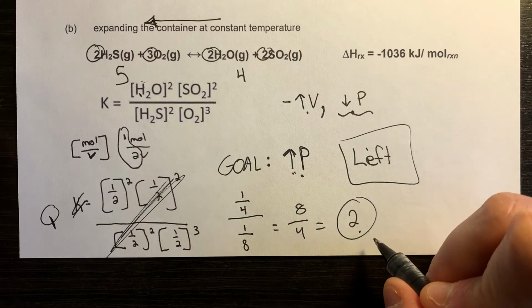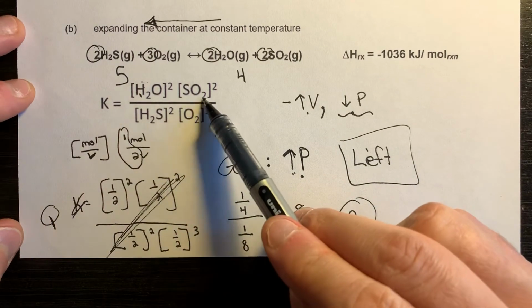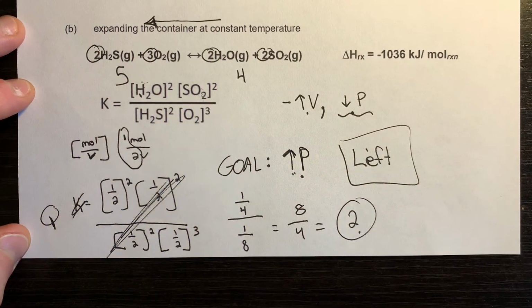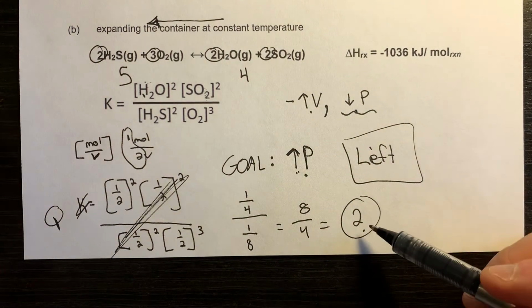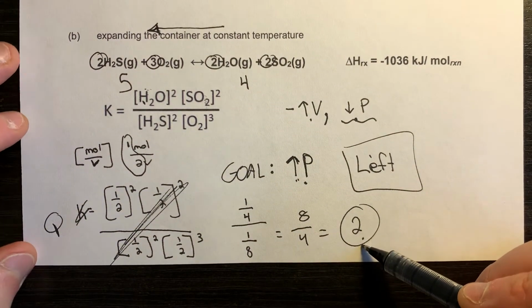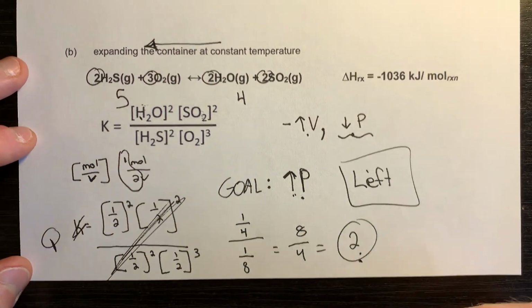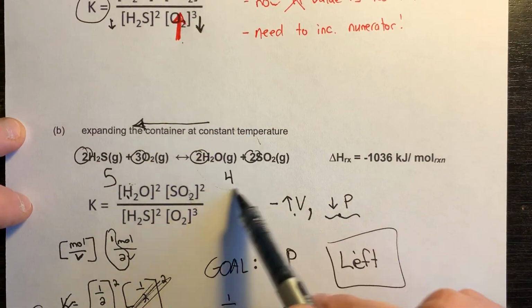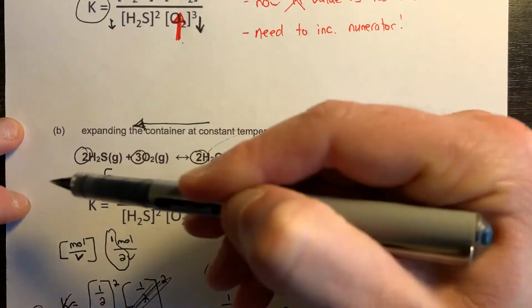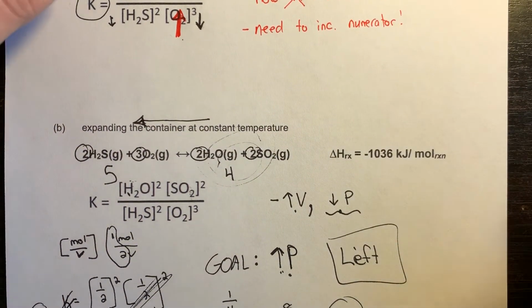And because we now have way too much product, right? We've increased this value. Because we've increased the amount of product, we want to find a way to get rid of that product. Our numerator, our overall value, is just too high. The only way to get rid of product is to react it, and we push to the left, okay?